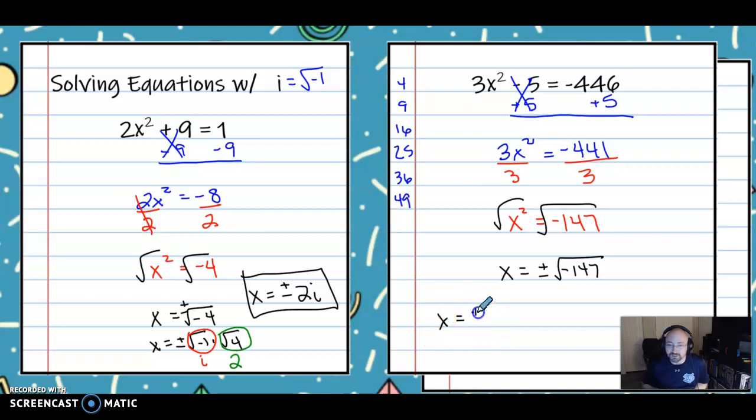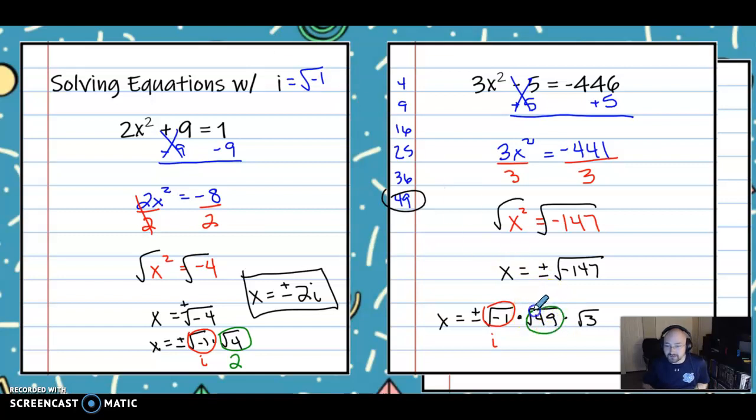x is equal to plus or minus the square root of -1 times regular 147, which can be achieved by doing the square root of 49 times the square root of 3, because this 49 right here goes into 147 3 times. Now we'll go ahead and pluck out our pieces. Here's our i.